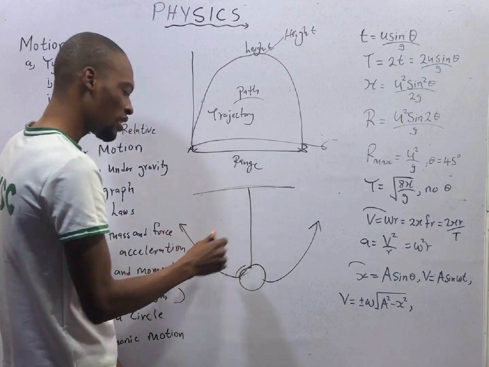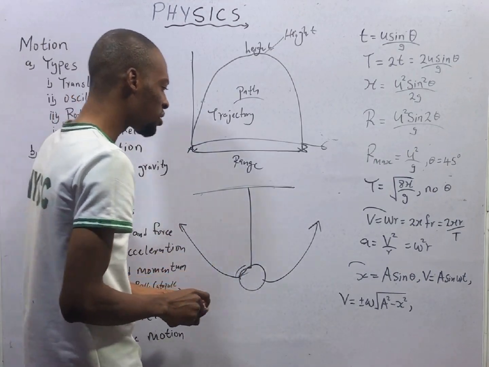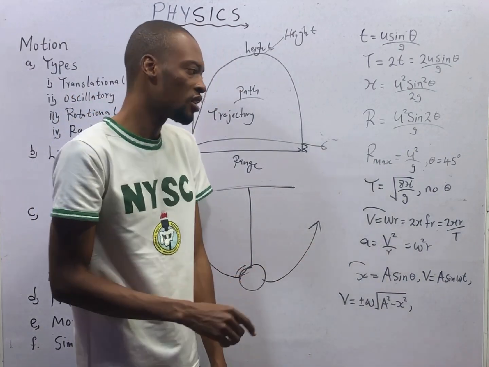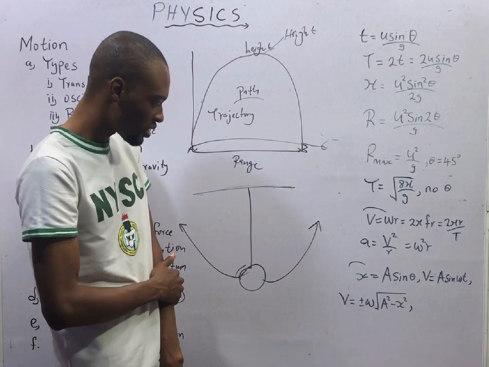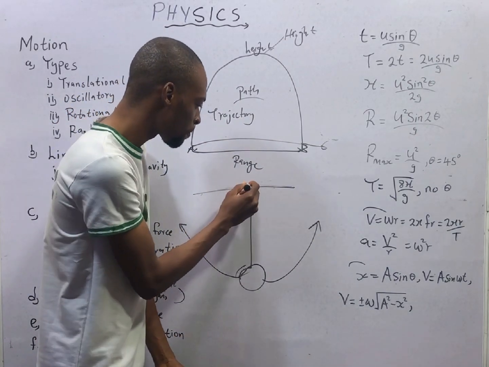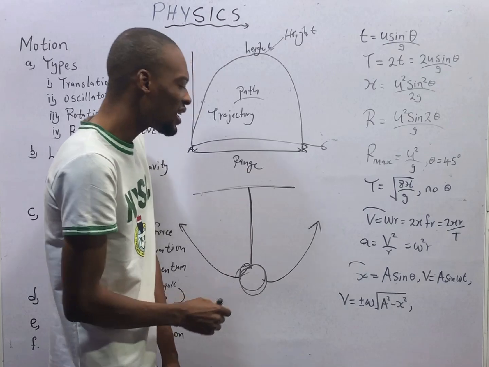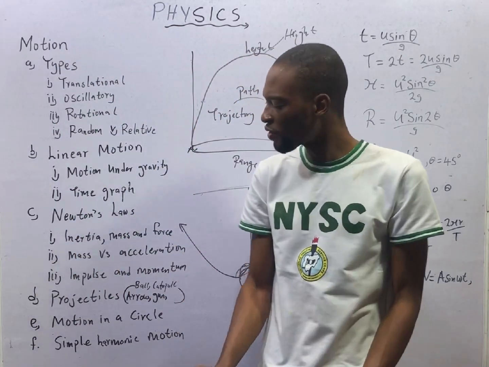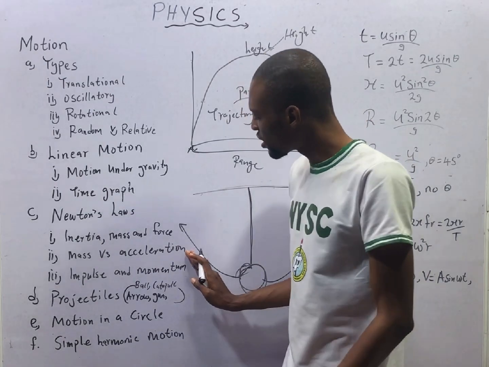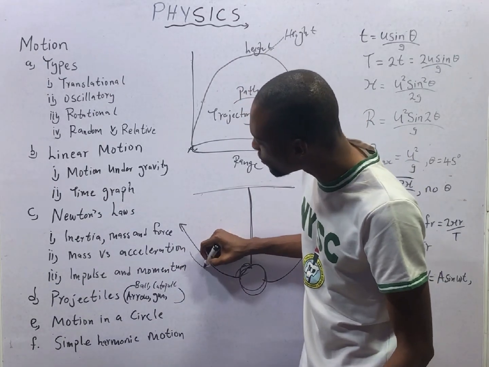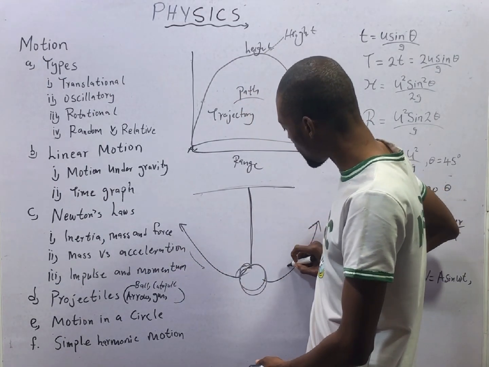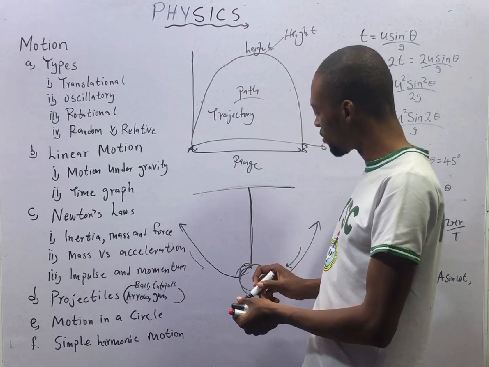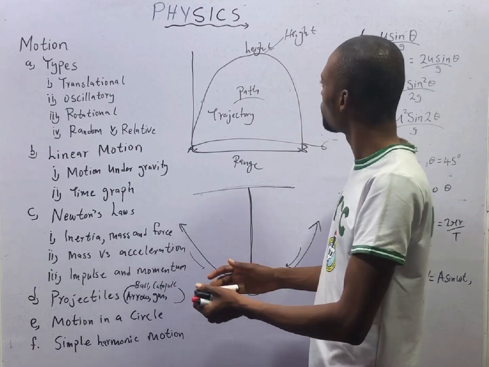It goes here and comes back. So the acceleration is directly proportional to the displacement towards this fixed point. And the reason for simple harmonic motion is restoring force, because as this body goes, it is the restoring force that brings it back. So restoring force is the reason for simple harmonic motion.